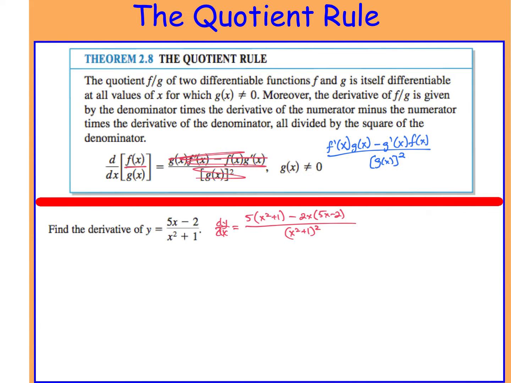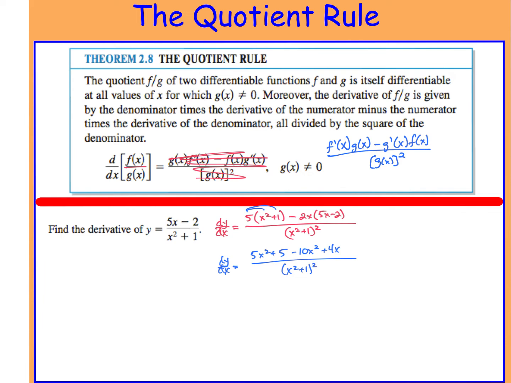Now we have to do a little bit of math. We're going to distribute up top. So dy dx is equal to 5x squared plus 5 minus 10x squared plus 4x, all over x squared plus 1 squared.